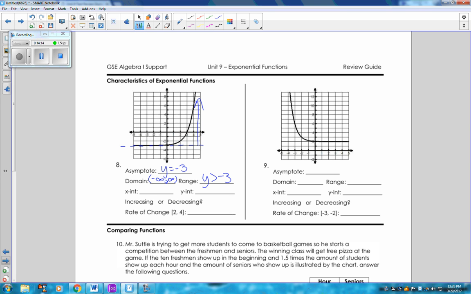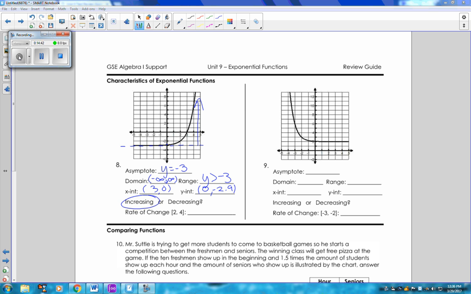Your x-intercept is at 3, 0. Your y-intercept looks to be very, very close to 0. Let's see. So I'm just going to estimate the y-intercept at about -2.9. So that's an estimate. It's going up from left to right, so this is increasing.